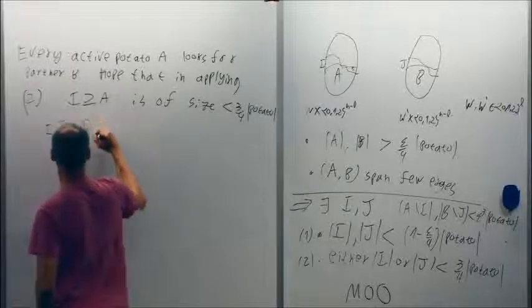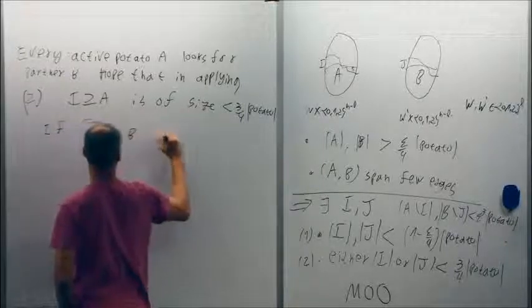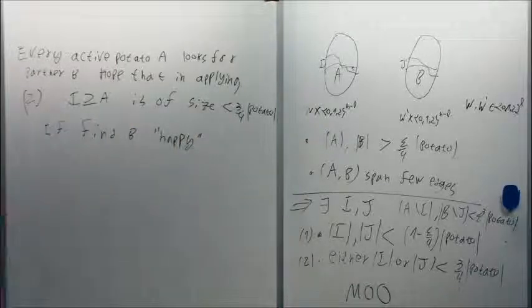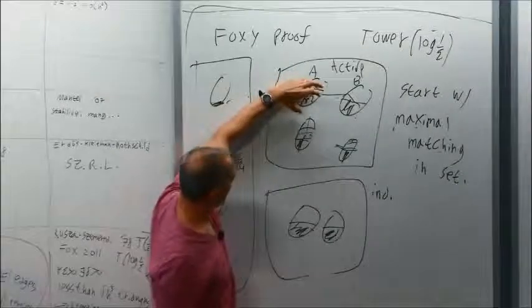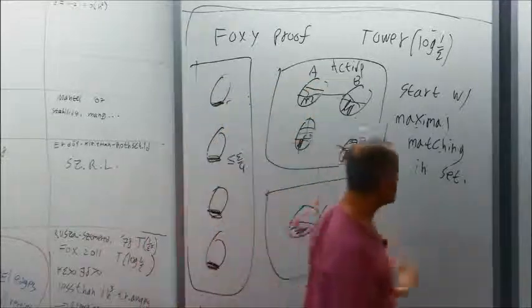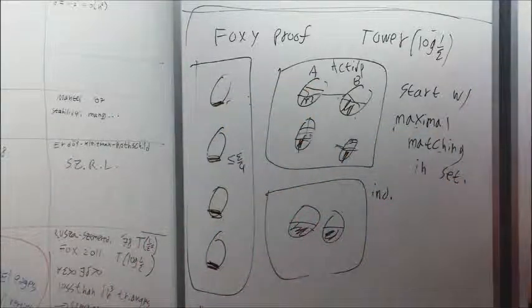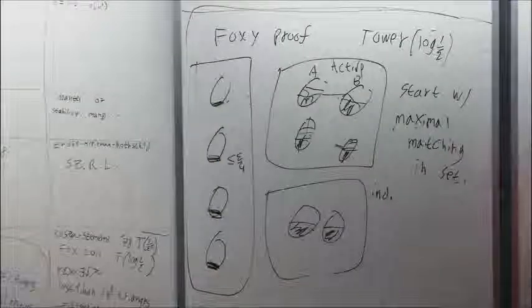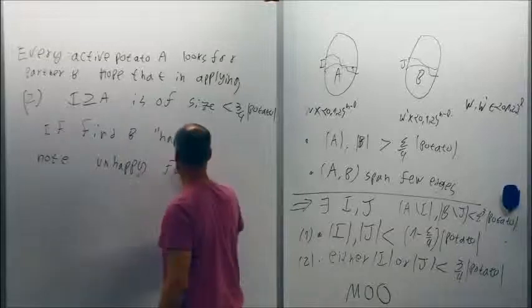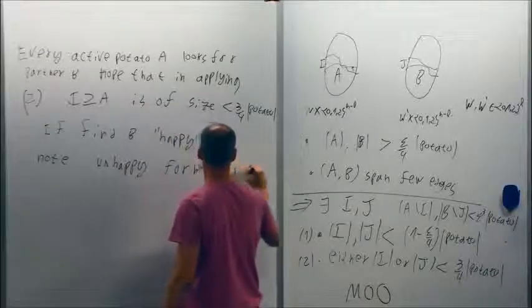So if you find B, then you're happy. So if I found some B such that in the shattering the heavy parts decrease to 3/4, then I'm happy. And now you just note that unhappy ones form an independent set.